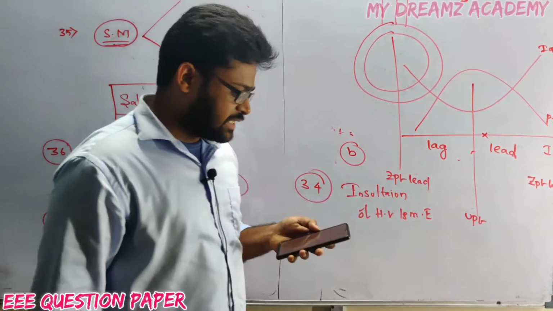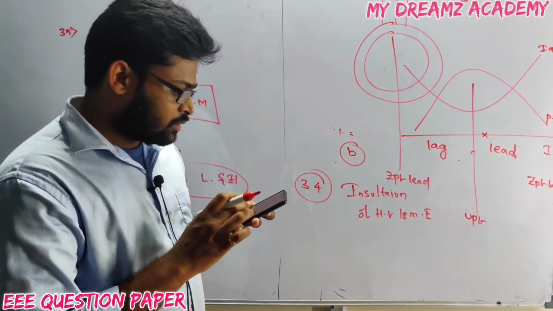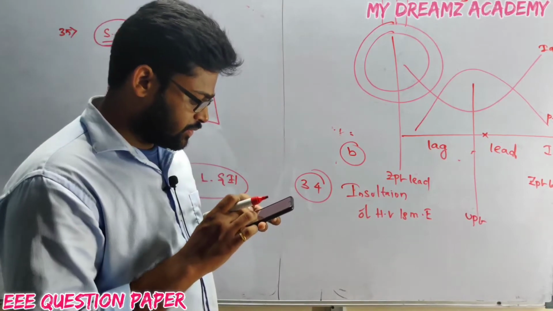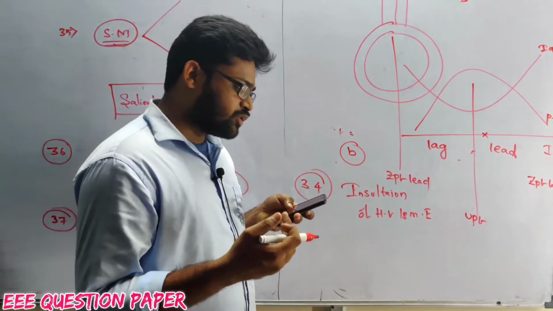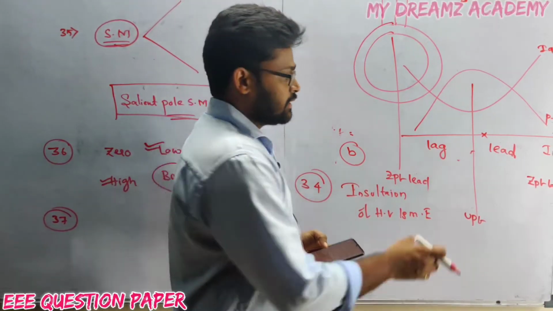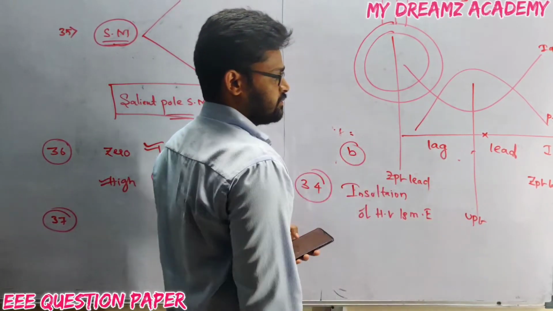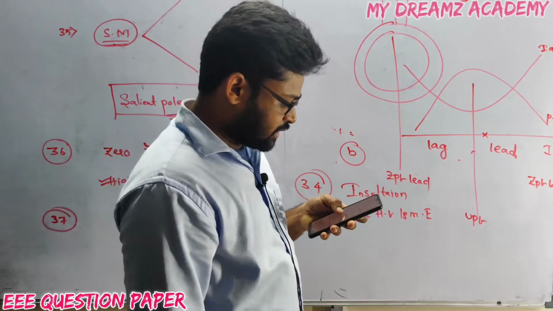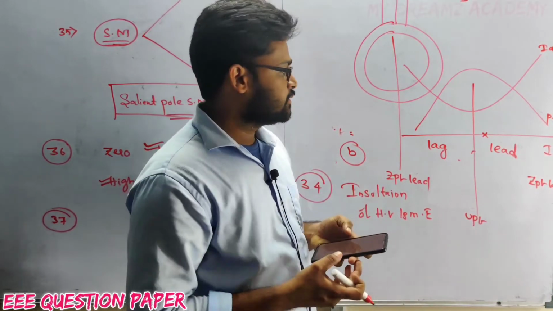So here the question is, if the field of the synchronous motor is under excited, this region is under excitation and this region is over excitation. So it is at under excited.